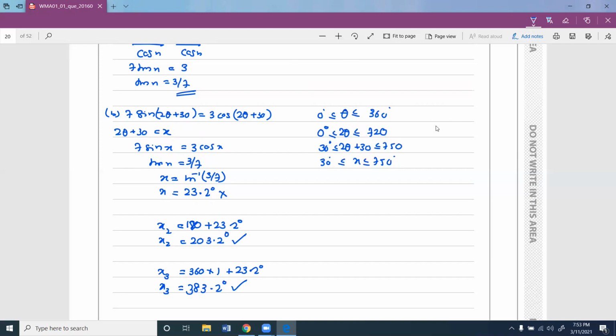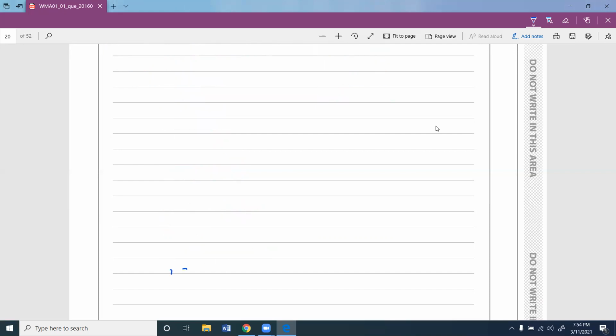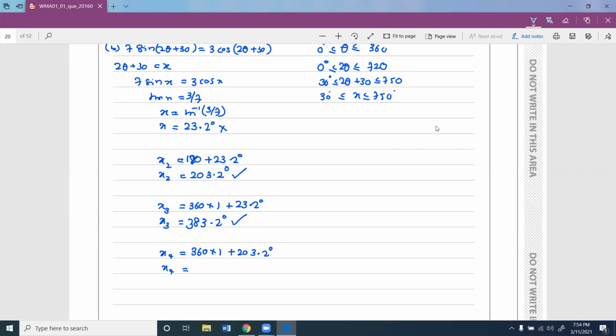Then the next, x4 equals 360 into 1 plus the second angle. The second angle is 203.2. So 360 plus 203.2 is 563.2, the next angle.